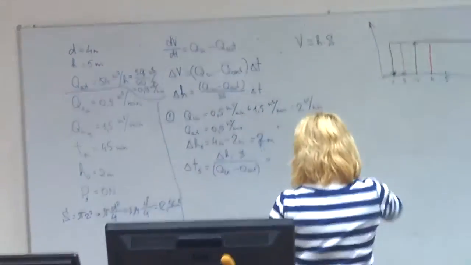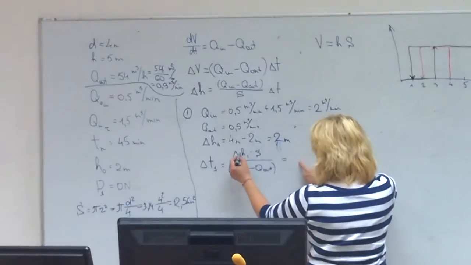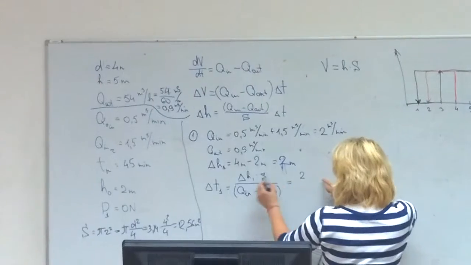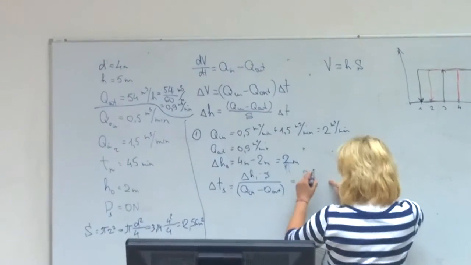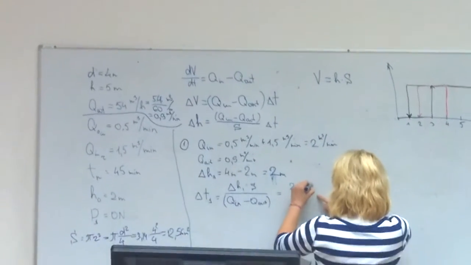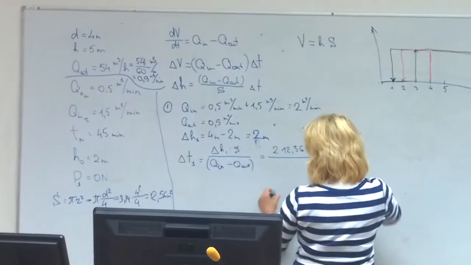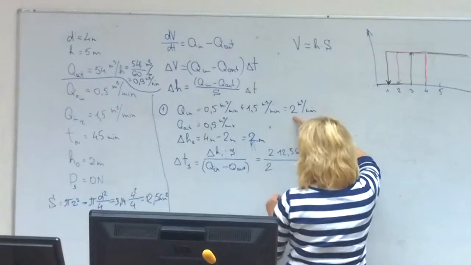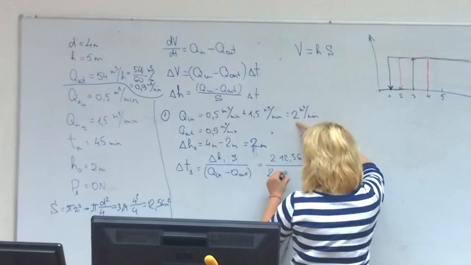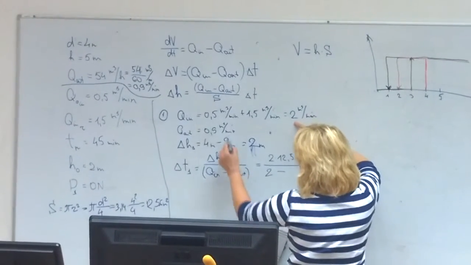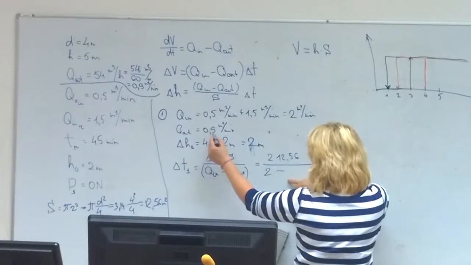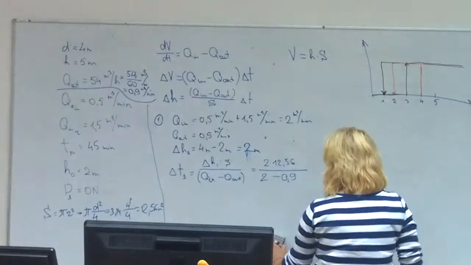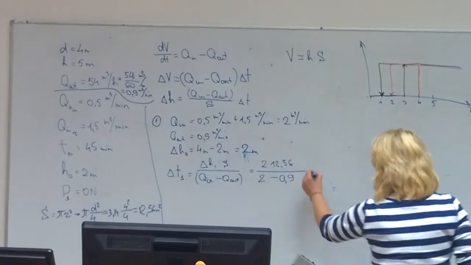So delta height equals 2. Our area is 12.56, divided by 2 cubic meters per minute minus, since just one pump is working, minus 0.910.